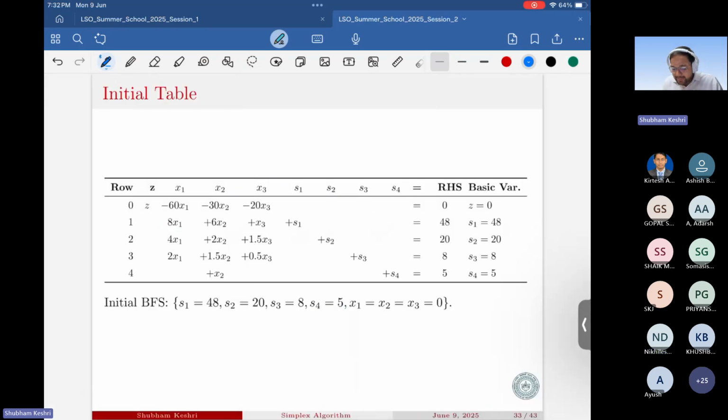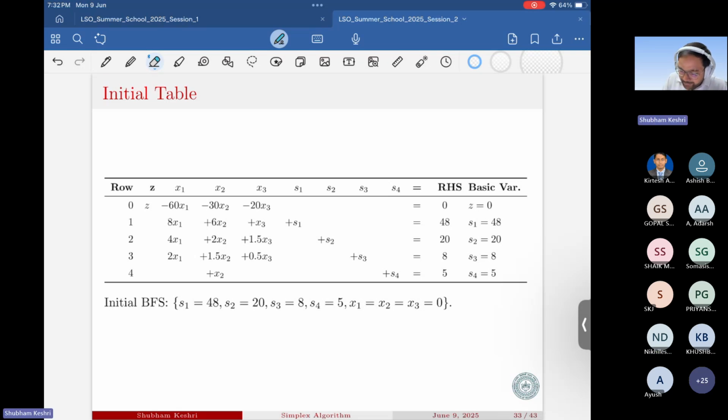Now when x1 has become basic, whenever you have a basic variable, you make that coefficient 1 and the others 0. This is what we do, right? Is that clear? Over here also we will do the same.